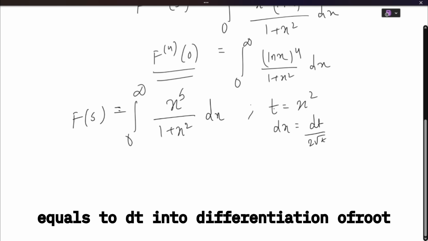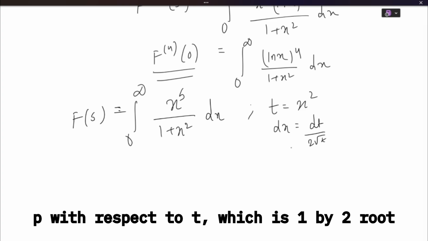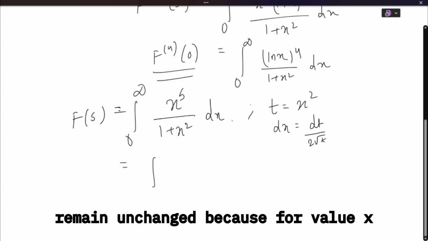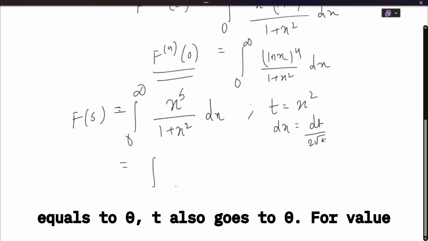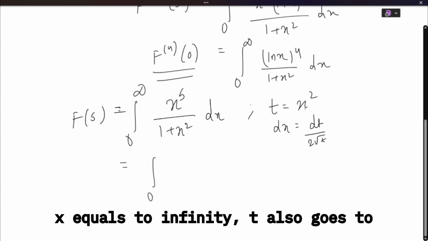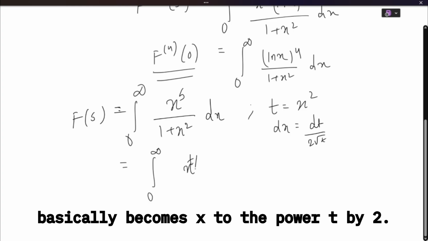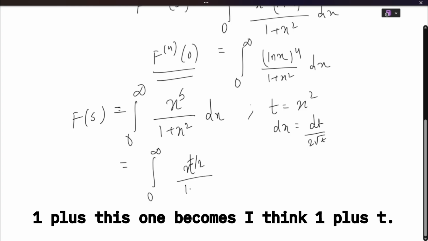You get dx equals dt times the derivative of root t with respect to t, which is 1 by 2 root t. Put this value in. The limits will remain unchanged because for x equals 0, t also goes to 0, and for x equals infinity, t also goes to infinity. And x to the power s basically becomes, and 1 plus x squared becomes 1 plus t.